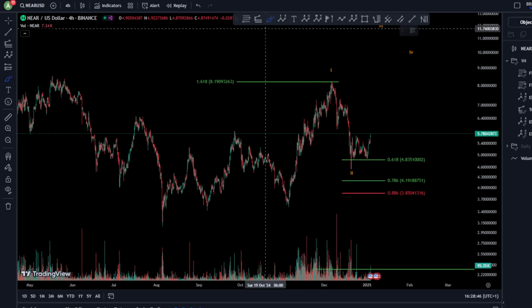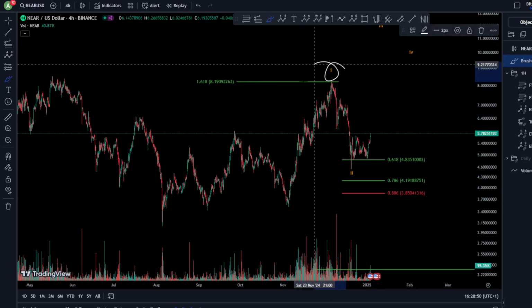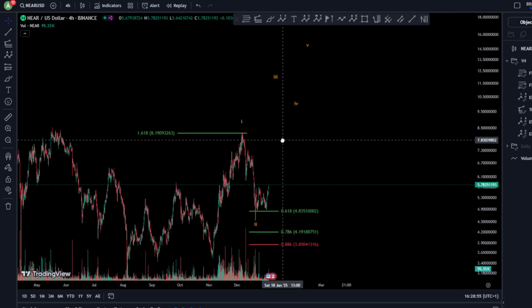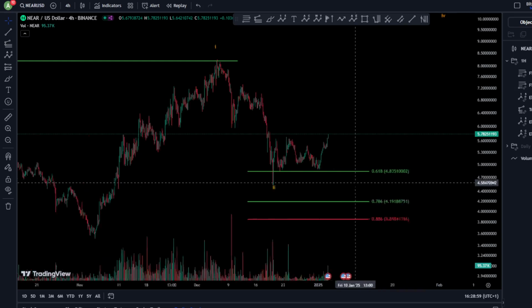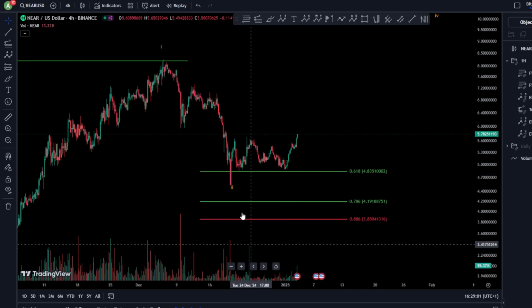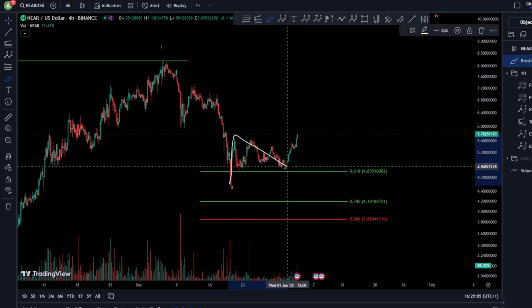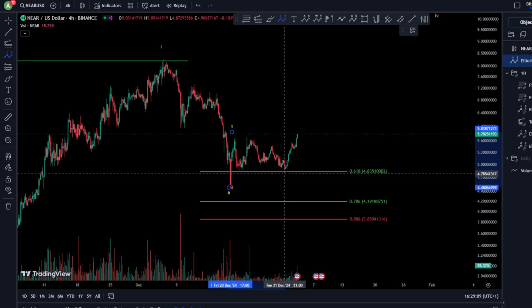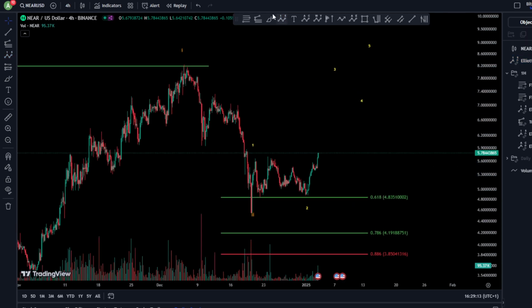Therefore, we can call again a wave 1, 2, and then 3, 4, 5, and this is why we put this orange scenario exactly here. So actually, we are looking here at a finished wave 2 with the perfect fib levels. Now we are looking at a formation for a new 1, 2, and then 3, 4, and a 5. So let's call this 1, 2, 3, 4, 5, and we'll see how this thing will unfold.